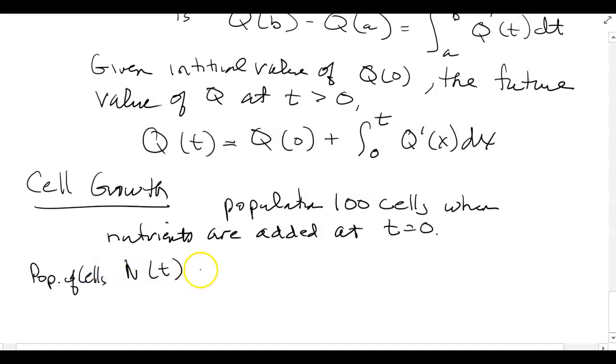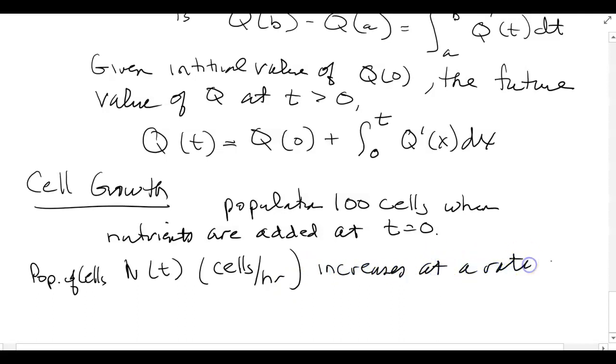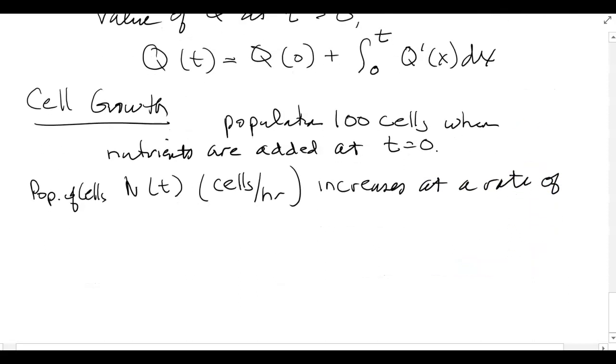So the number, n sub t, in, let's do this in cells per hour, increases at a rate, so this is a rate, so this is our derivative, 90 e to the negative 0.1 t for any t greater than or equal to 0.